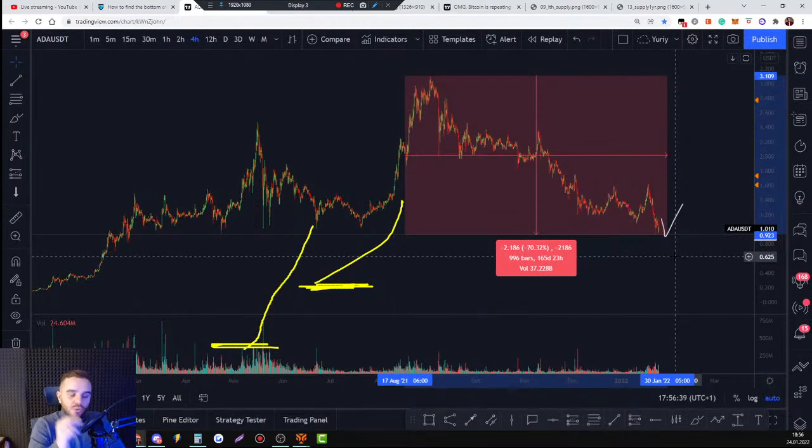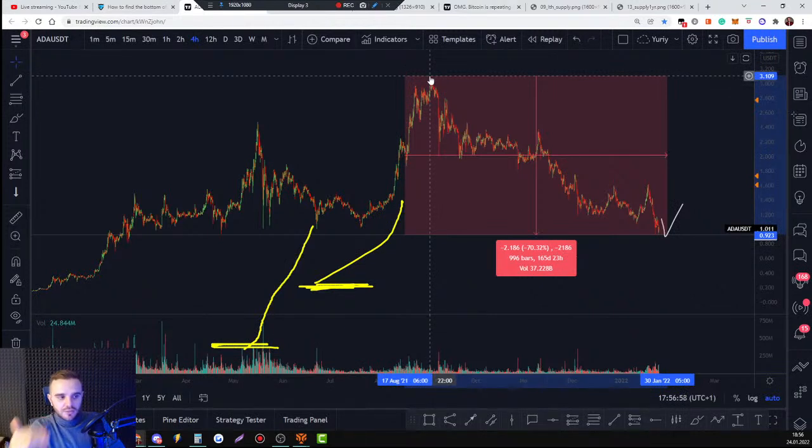My friend, what did you do? I remember when I recorded a video when ADA was at $3 and so many people told me, like, man, it would be $10, something like that. Never sell after a 70% drop. Always sell when you see a parabolic rise. Best time to sell is after a parabolic rise. Best time to buy is after a 70, 80, 90% drop.